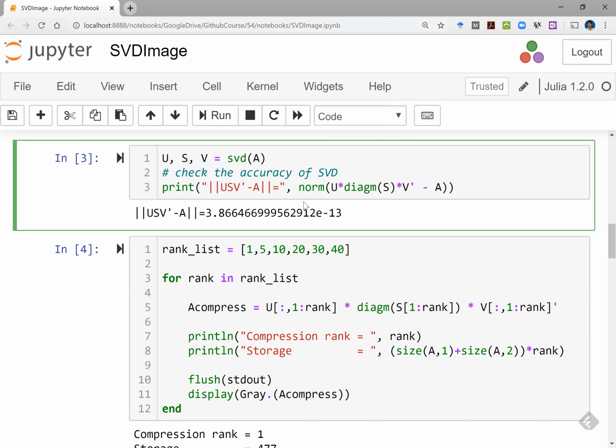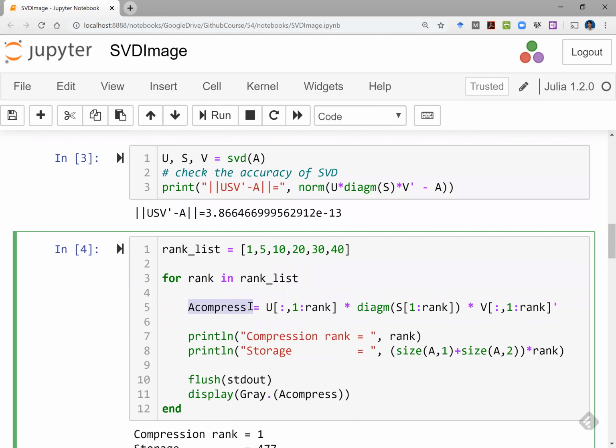What I want to do is a so-called low rank compression. Sounds like a fancy name, but it is really, really simple. I just take the first however many columns of U, given a rank. Now, let's say rank equals 1. I just take the first column of U, the first entry of S, and the first column of V, transposed.